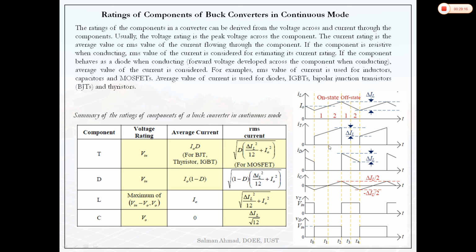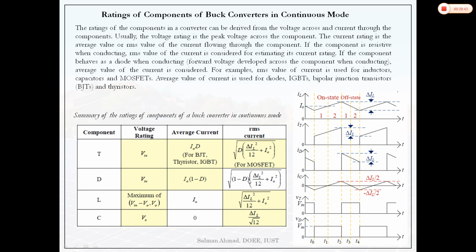This is actually the inductor value. For D Ts time, whatever RMS current of the inductor we are getting is the same for the MOSFET switch. So D Ts times this value plus 1 minus D Ts times 0, divided by Ts. Ts gets cancelled, so we get D times this value.